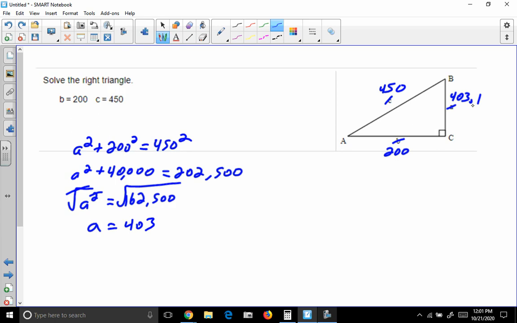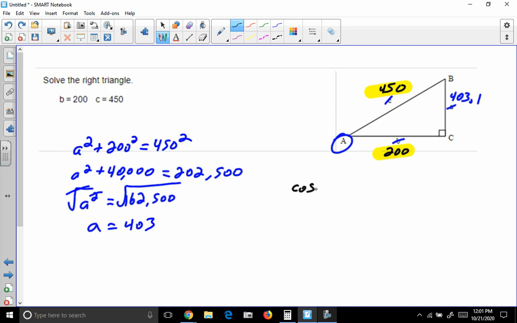Once we have that third side, now let's find angle A. I always like to go back and, if possible, use what we were given. We were given those two sides. So if I want to find A, 200 is adjacent to A, 450 is the hypotenuse.